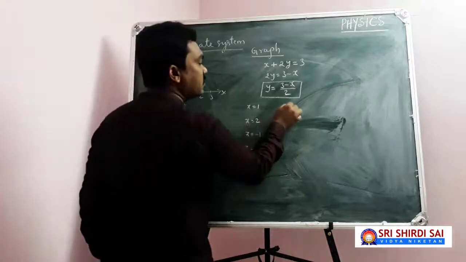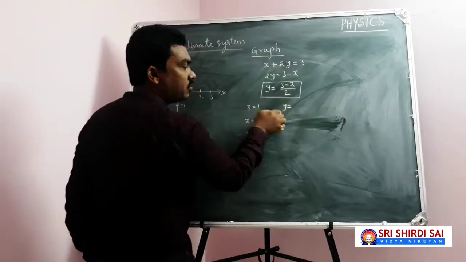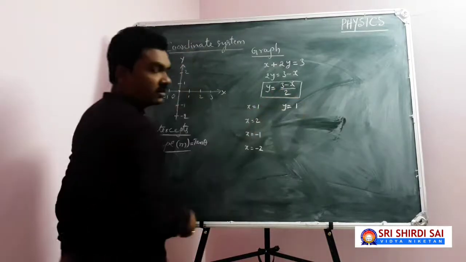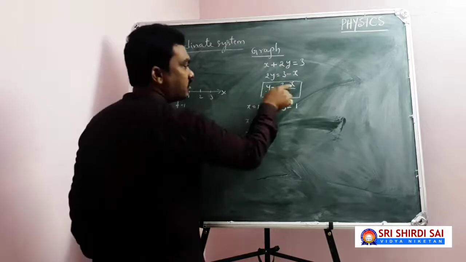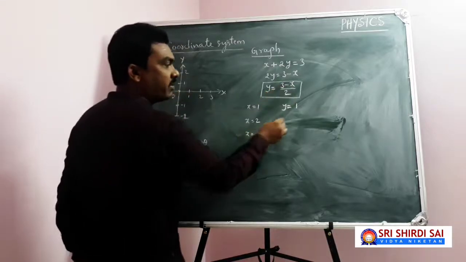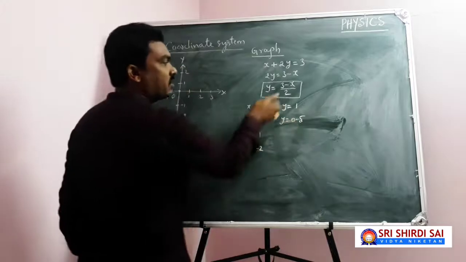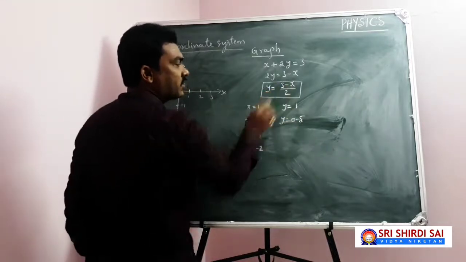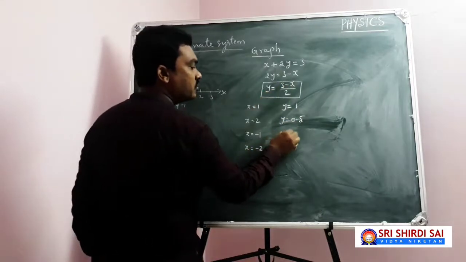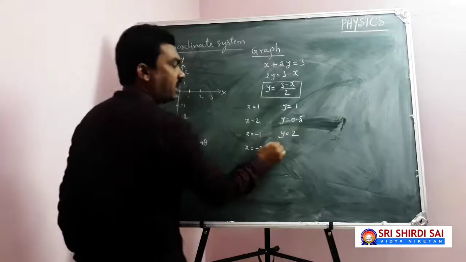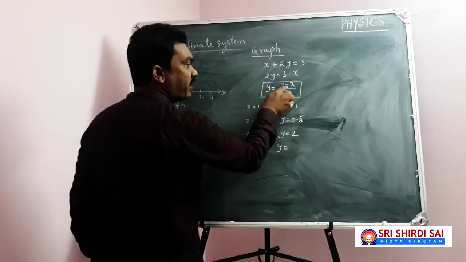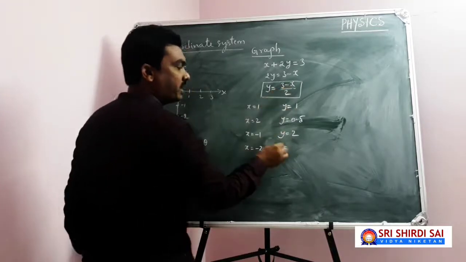Like x equal to 1, y equal to (3 minus 1) by 2, that is 1, because 2 by 2. X equal to 2, (3 minus 2) by 2, 1 by 2, that is 0.5. X equal to minus 1, 3 minus of minus 1, 3 plus 1, 4, 4 by 2, 2. X equal to minus 2, 3 plus 2, 5 by 2, 2.5.